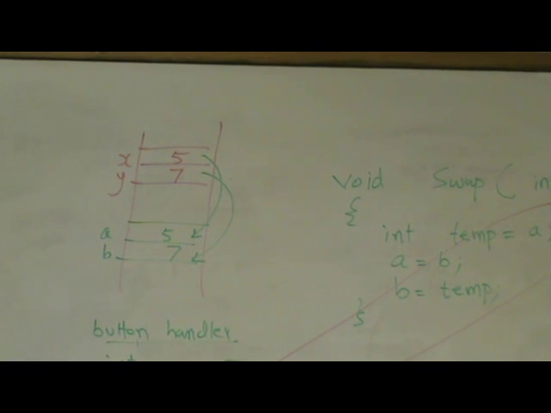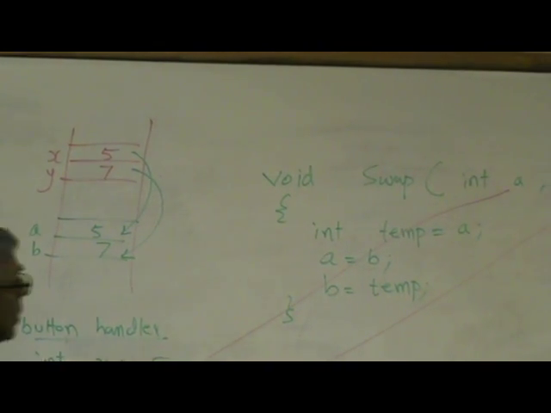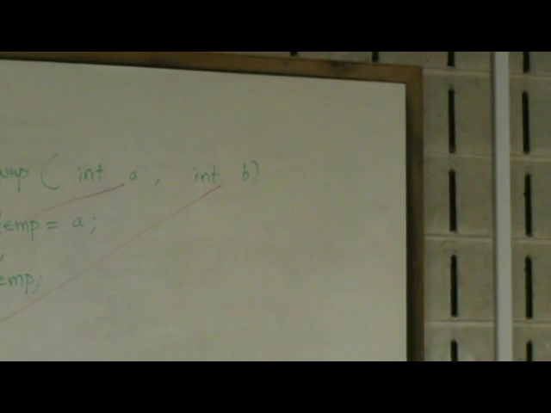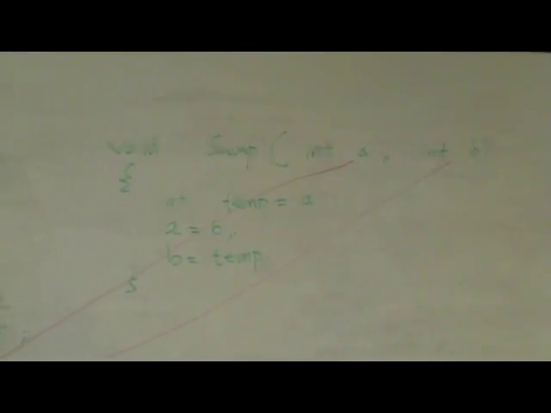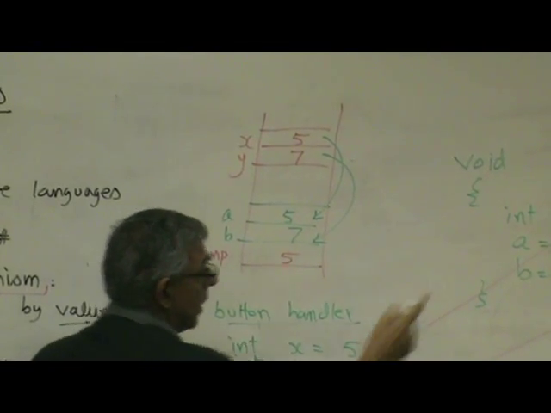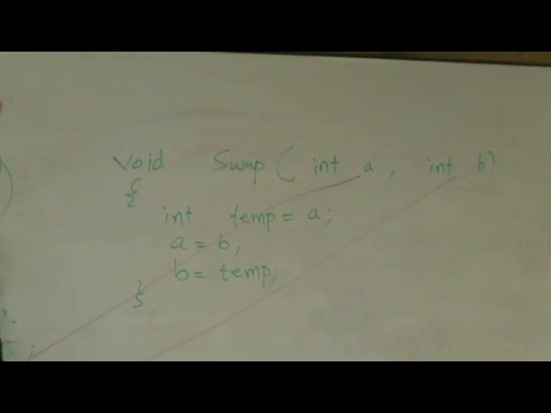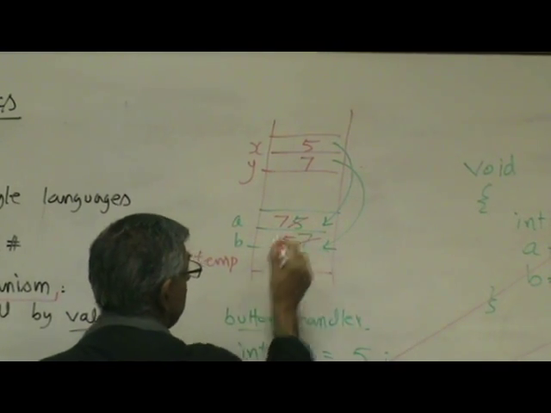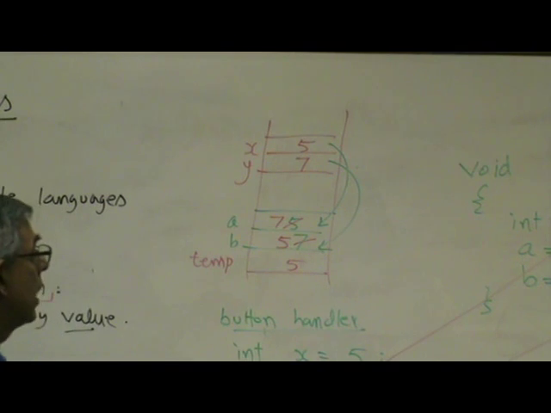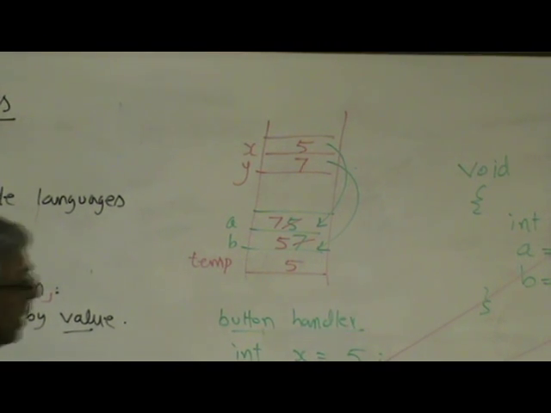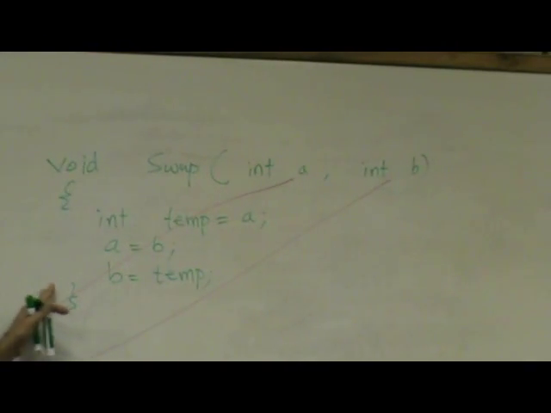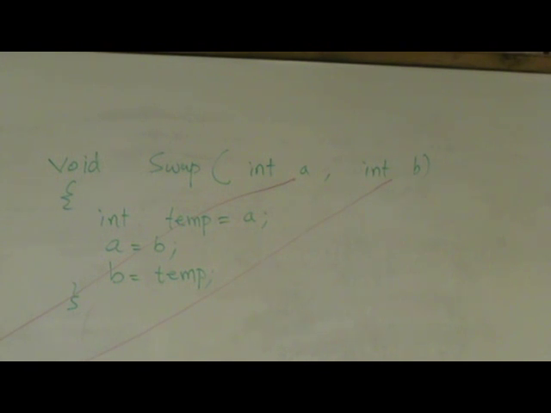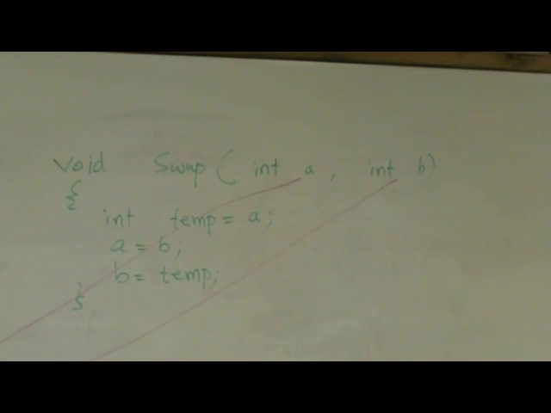Then it starts to execute the method. Int temp equal to A, so we create memory for temp. Temp equal to A, so this becomes 5. A equal to B, so this changes to 7. B equal to temp, so this changes to 5. As soon as the function is done, we lose the memory for whatever we had allocated.